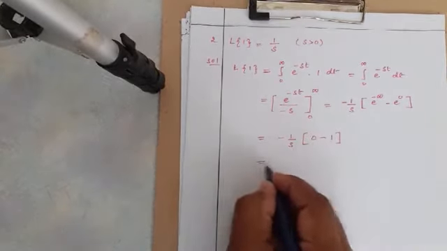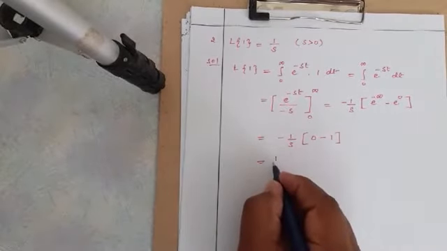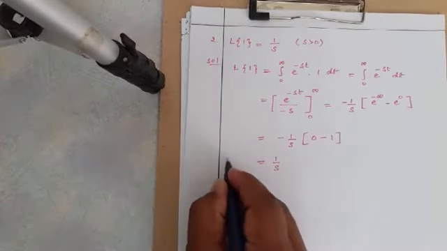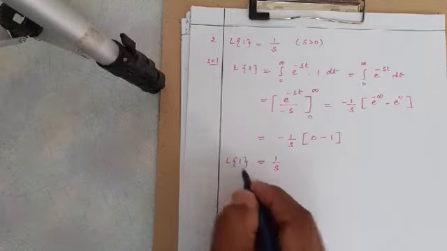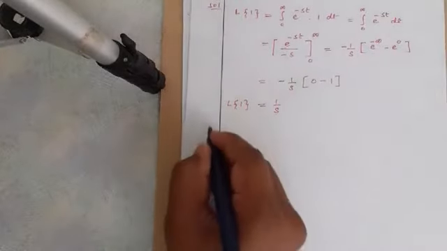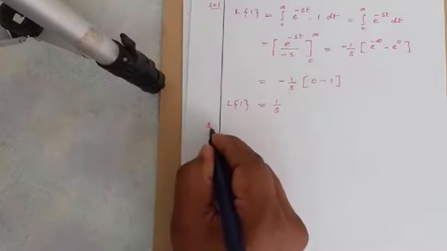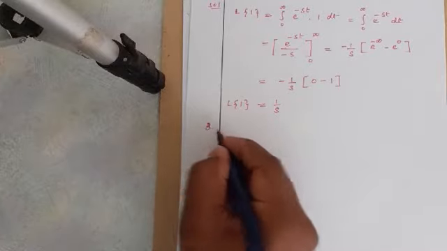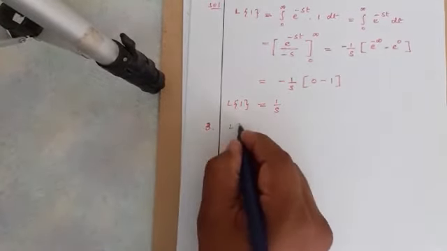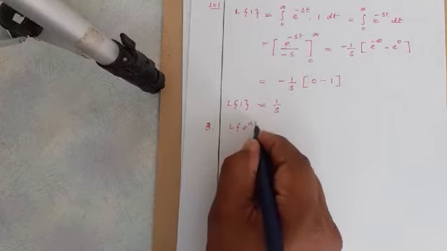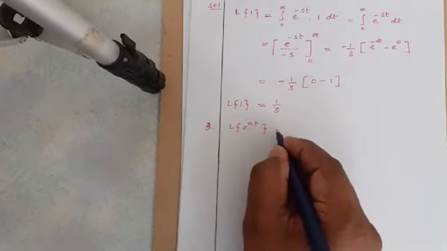So here when you multiply with minus 1 by s inside, you get 1 by s. So this is Laplace of 1. Now in the same way, when you go for the third elementary function, that is Laplace of e power at.